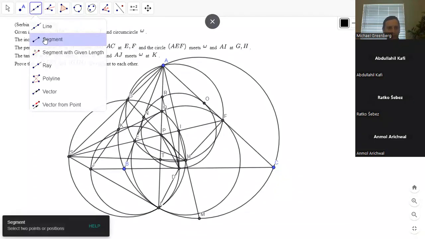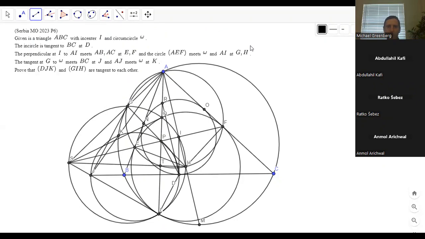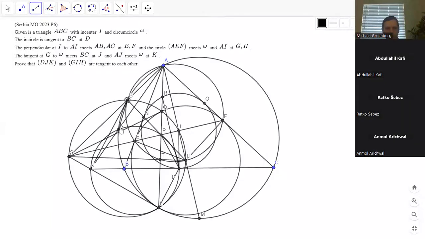I must have hidden that tangent line. I don't know why I hid it. But that's important. So yeah, then it's harmonic by definition. Yeah, we know that's harmonic. So maybe we could project that. I agree. So KGAL is harmonic.